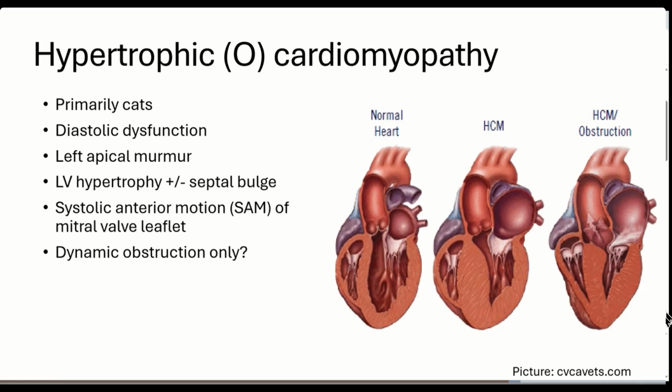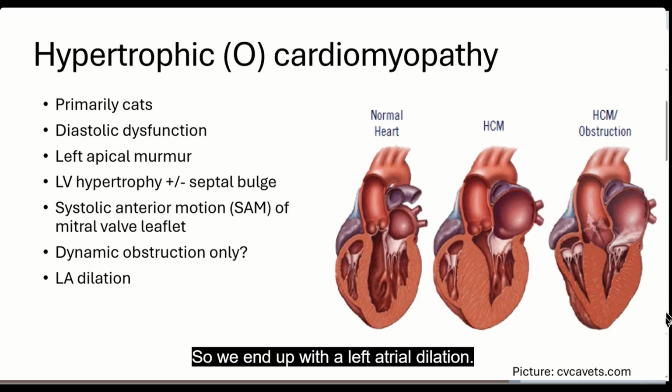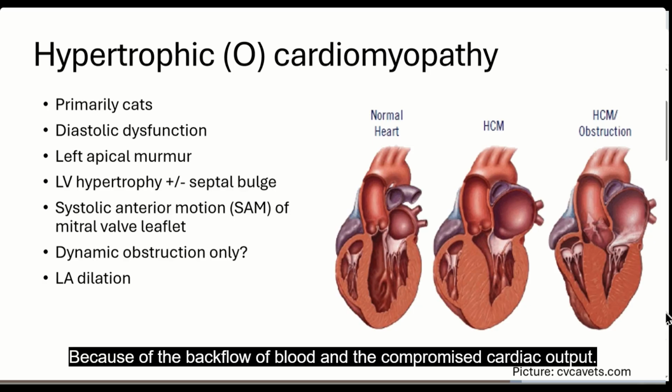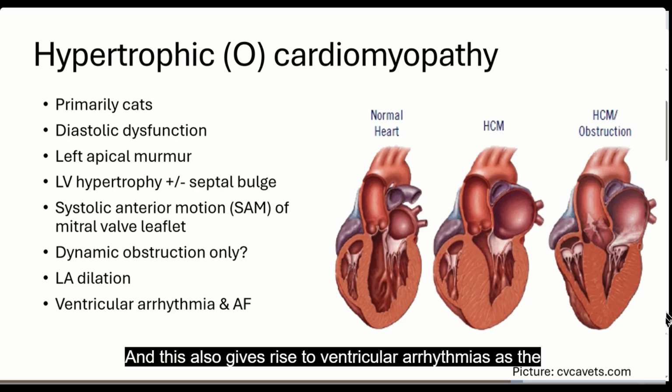So we end up with a left atrial dilation because of the backflow of blood and the compromised cardiac output. This also gives rise to ventricular arrhythmias as the heart muscle increases in size, as we've spoken about before, and also atrial fibrillation paired with that left atrial dilation.